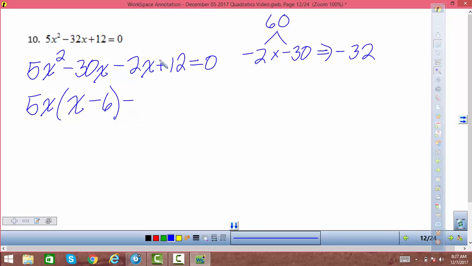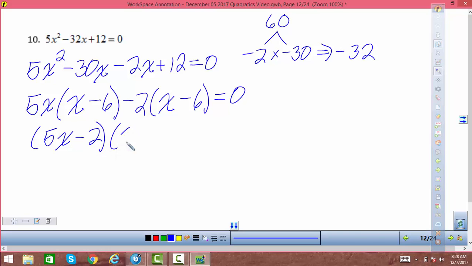Then here I'm going to factor out a negative 2, so negative 2 times x, and if I divide positive 12 by negative 2, I get a negative 6. So that gives me a factorization of 5x minus 2 times x minus 6.